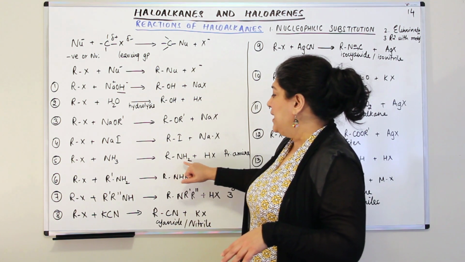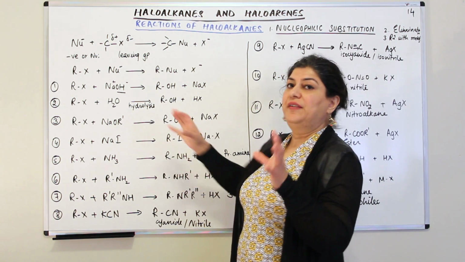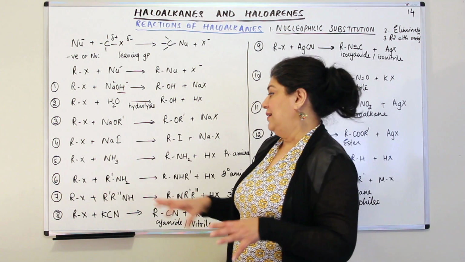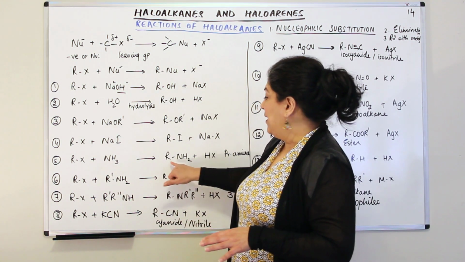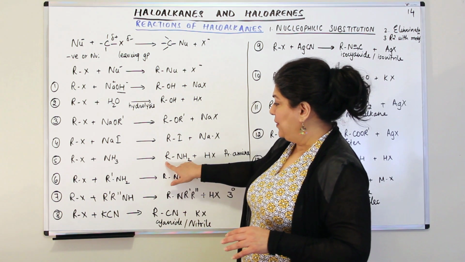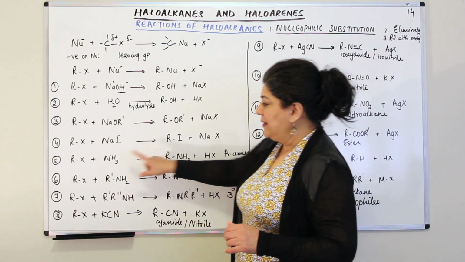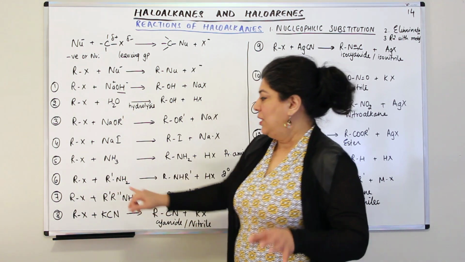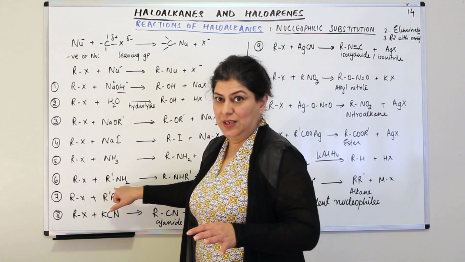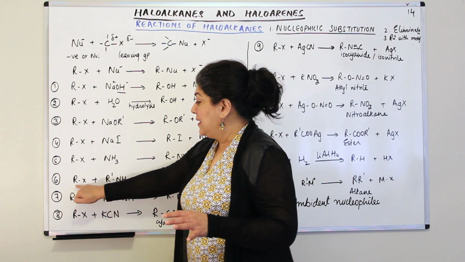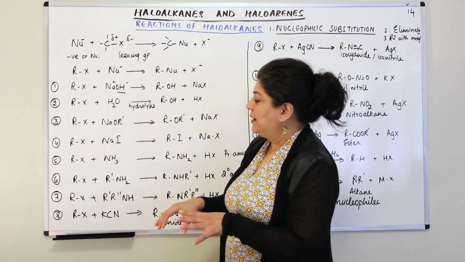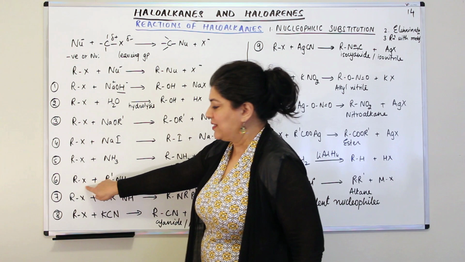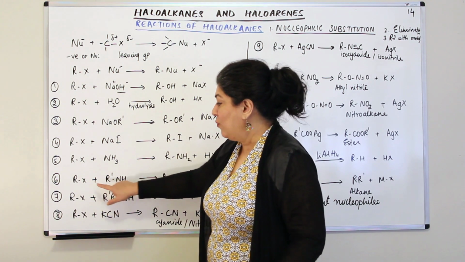Now if you take this primary amine and further react it with a haloalkane, take a look. You have RNH2, but in the next step we just make this R'-NH2 so that you can differentiate between these two R's. And assuming that this R is now R' in the second step, and we further react it with the haloalkane, what do we get?